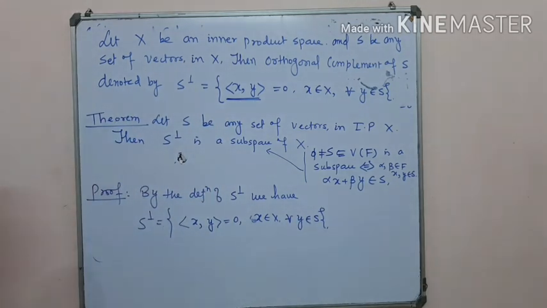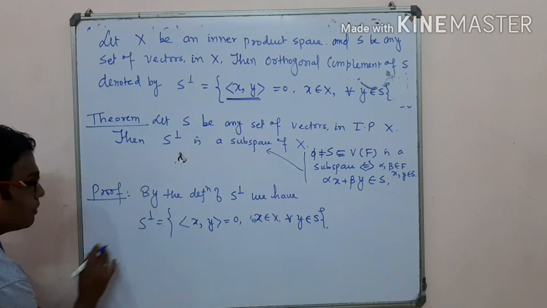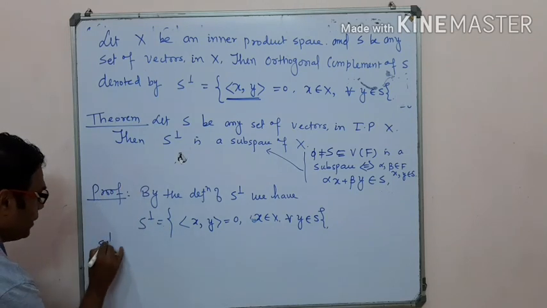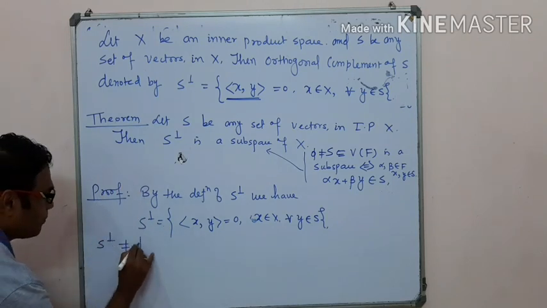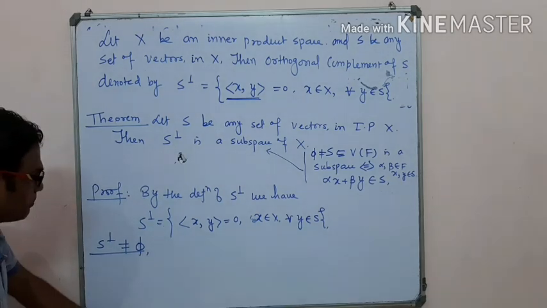Then we say that it is the orthogonal complement. Now, according to this concept, first we prove that S complement is non-empty. First we prove that S complement is non-empty.